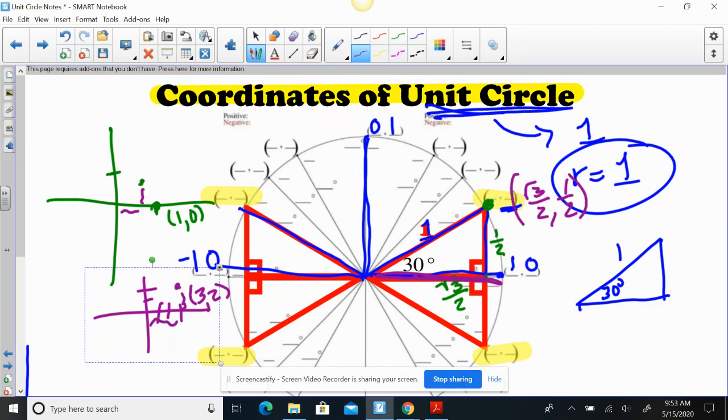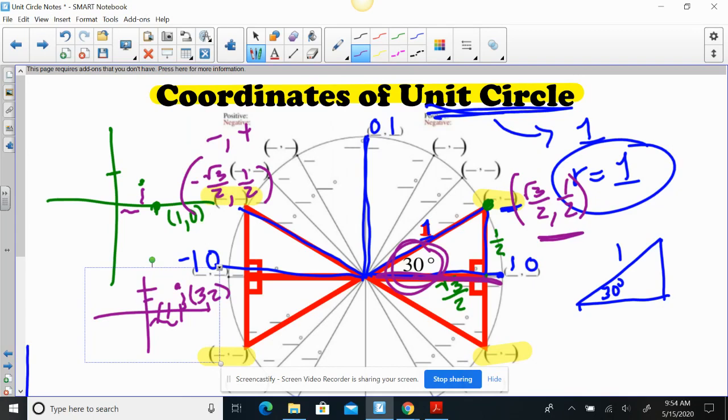So all along your x-axis, if I use my reference angle of 30 degrees, every single point that's 30 degrees is going to have those same coordinates, except that in quadrant 2, it's going to be negative, positive. So when I fill this out for quadrant 2, it's just going to be negative square root of 3 over 2, 1/2.